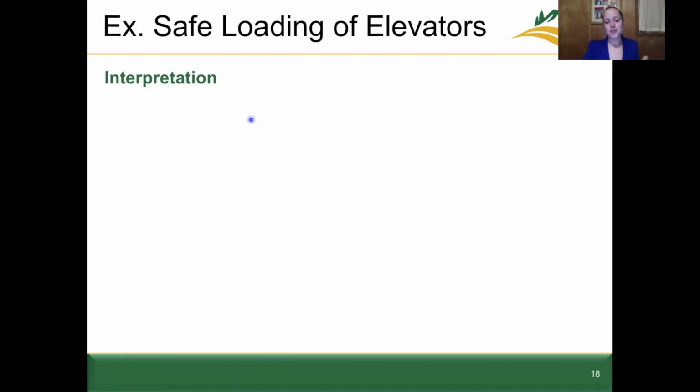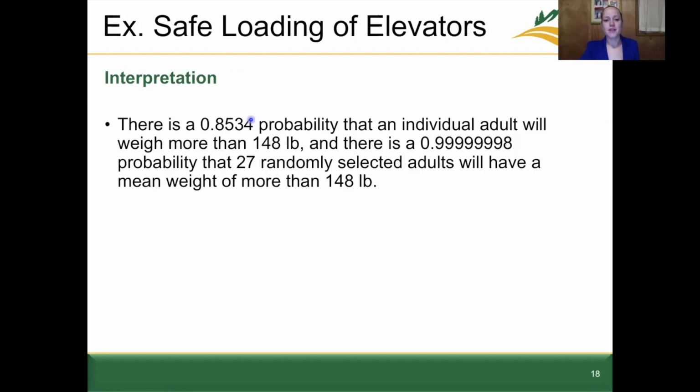So more on interpretation, in part A, we found there's a probability value of 0.8534 that an individual adult will weigh more than 148 pounds. Remember, part A was using one individual adult, so using X value instead of an X bar value. Then in part B, we found out there's a probability of 0.999998 that 27 randomly selected adults will have a mean weight more than 148 pounds.